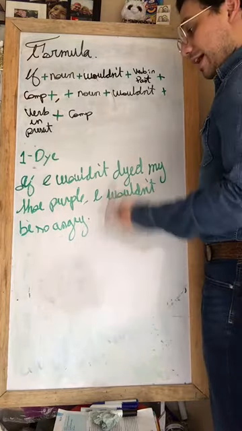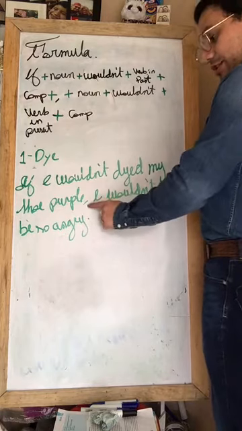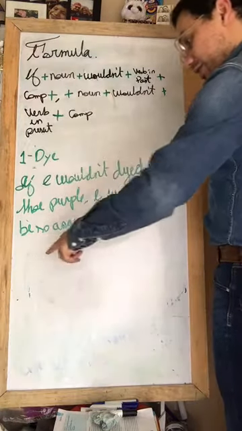Now, how do we write the opposite of this? We just take whatever is written after the comma and we start the sentence with that.